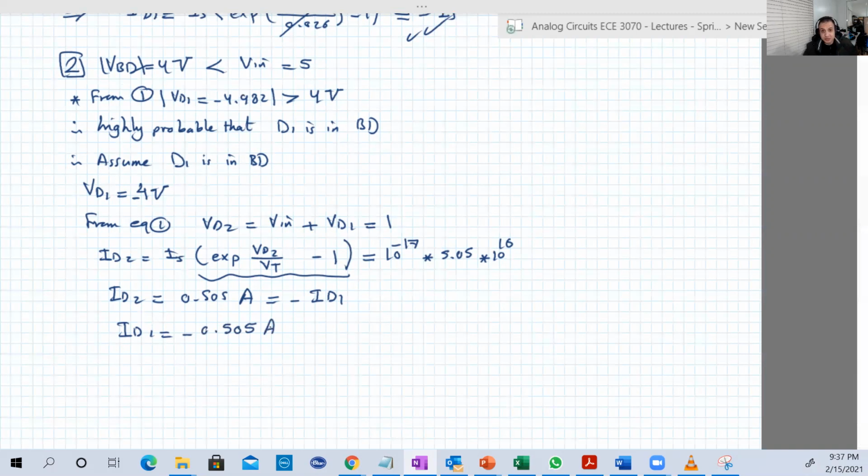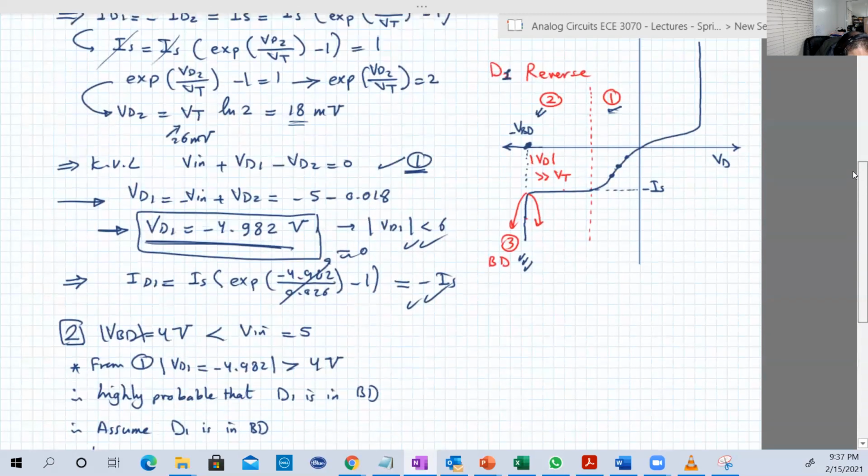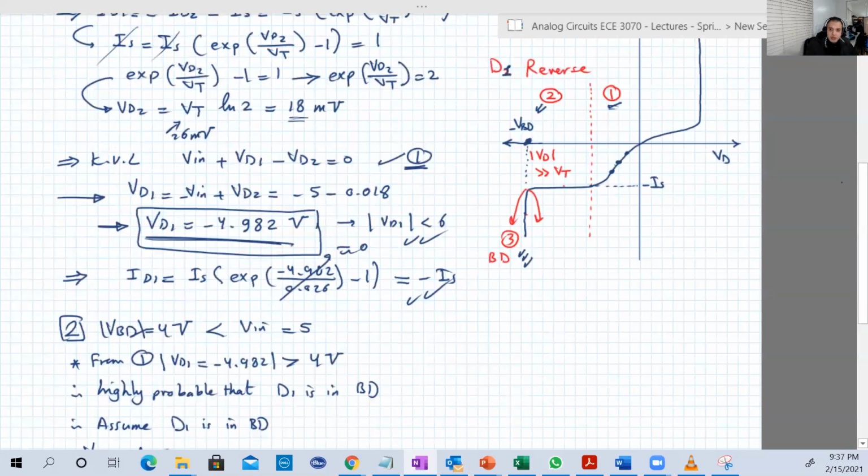Now the checks. We want to know if we are right or wrong. Okay, let's look at the characteristics. If we are in breakdown, I should be, as a magnitude, greater than IS. Look, if we are working in here, this is greater than IS.